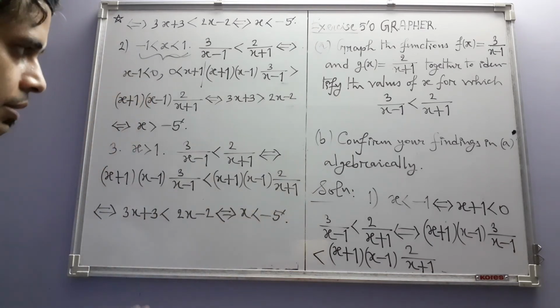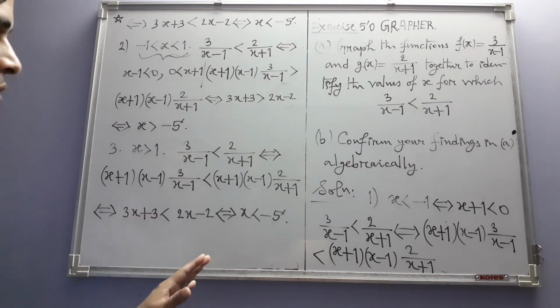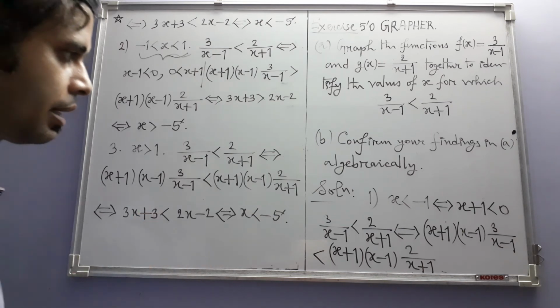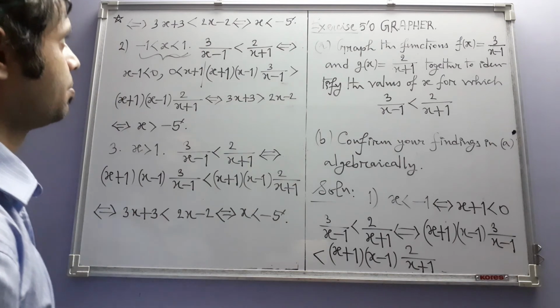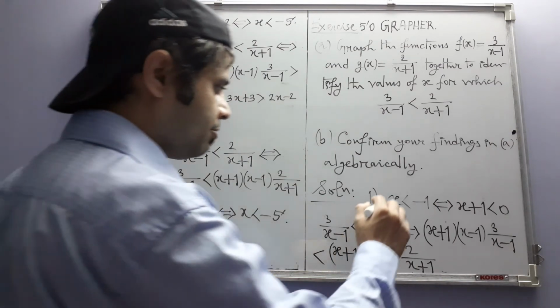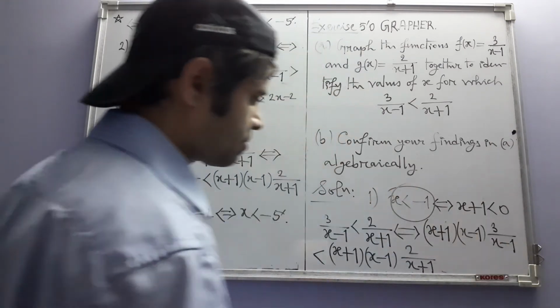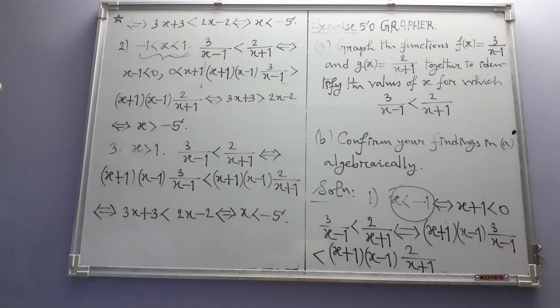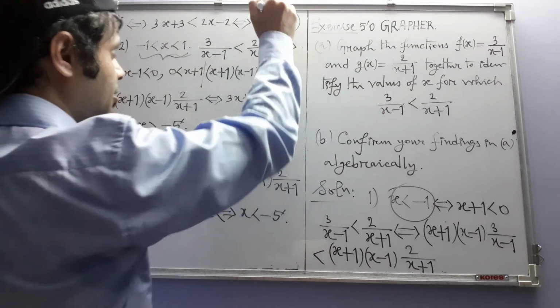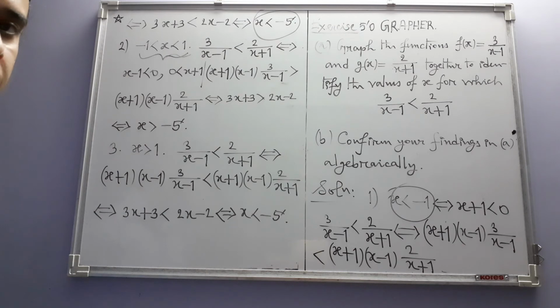Okay, so let us now see what we have done and what we have with us now. If x is less than minus 1, then x has to be less than minus 5. There is no problem with that.